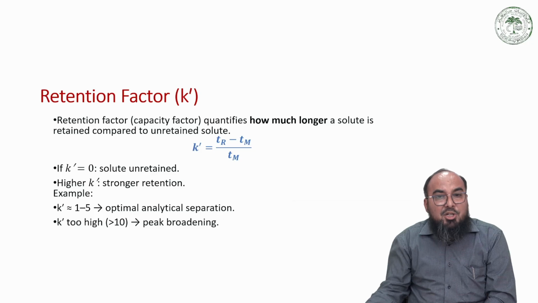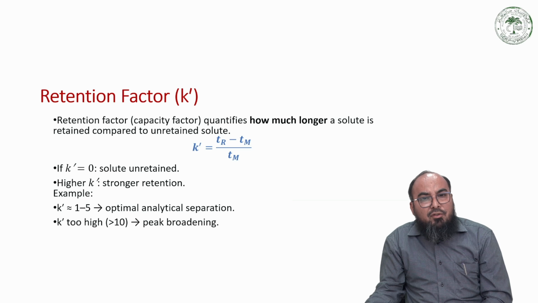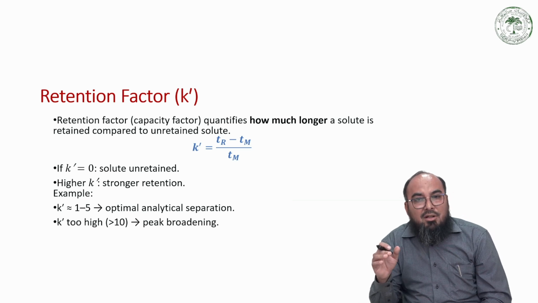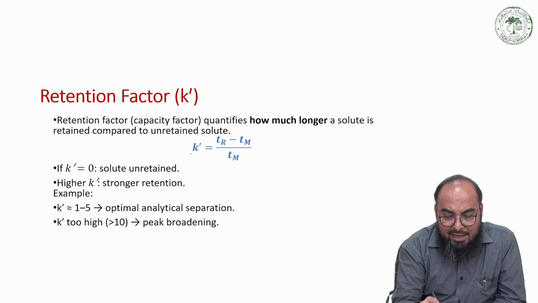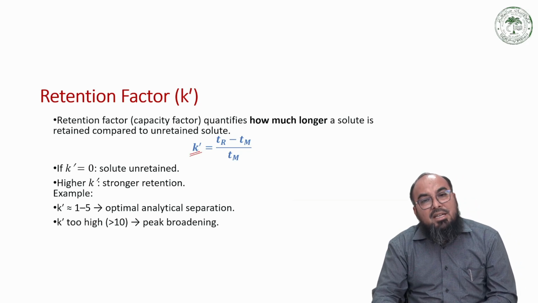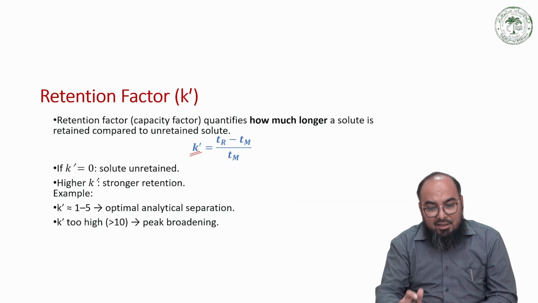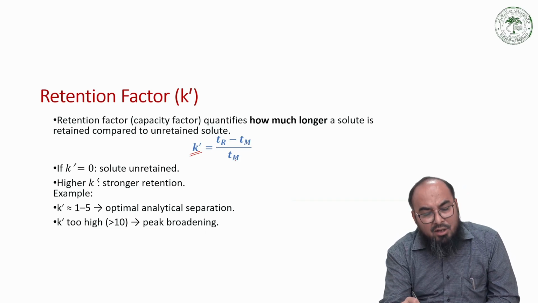Now the retention factor is very important. It gives you a quantified idea of how much the solute is going to be retained in both phases, that is, in the mobile phase and in the stationary phase. This is denoted by K dash, and K dash can simply be defined as Tr minus Tm upon Tm, that is, the retention time minus the dead time upon the dead time.